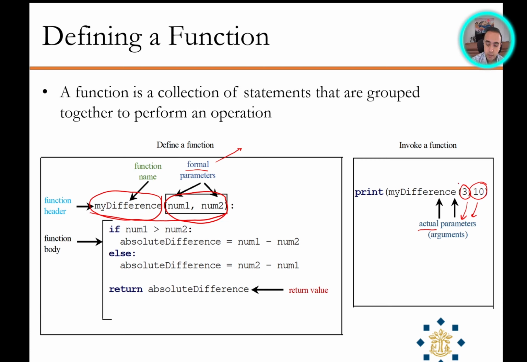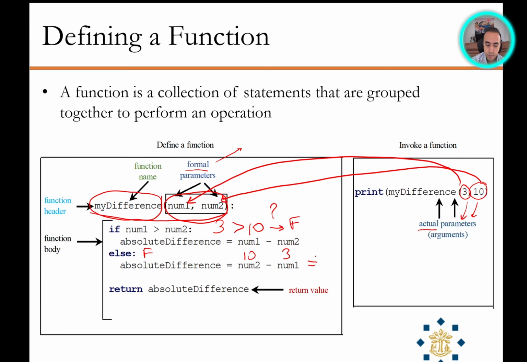So if you do it, what happens is this 3 goes to num1 and here 10 goes to num2. So we have if 3 is greater than 10, this is a false proposition, so we go to the else case, and then we go num2, which was 10, minus num1, that is 7, and this 7 is returned, right?